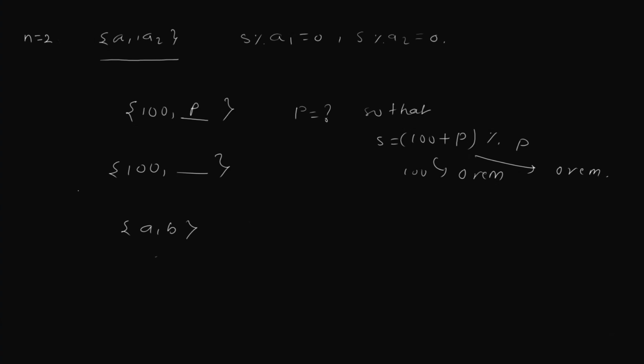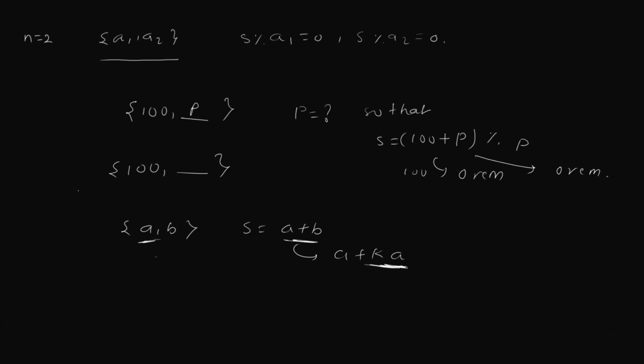Here we have the sum equal to a plus b. So for the sum to be divisible by at least a, it should be like a plus k times a. Means we should have a multiple of a at the second position.